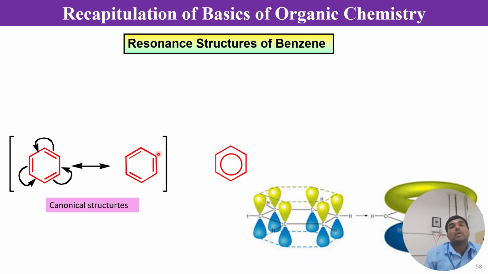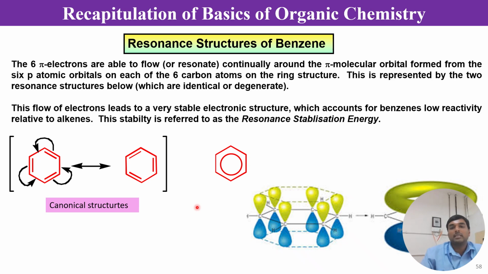All bonds are equivalent, and that's why each bond has the same bond strength, because this pi bond is formed by the overlap of p orbitals, which is perpendicular to the planar sp2 hybridized benzene ring. That's why you will see a pi orbital electron cloud over the benzene ring.